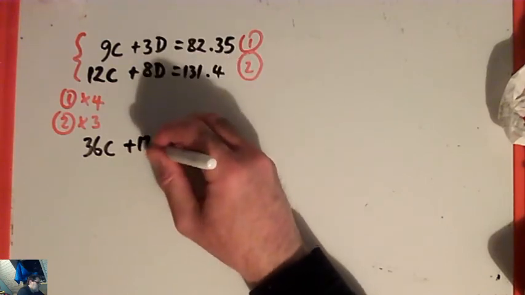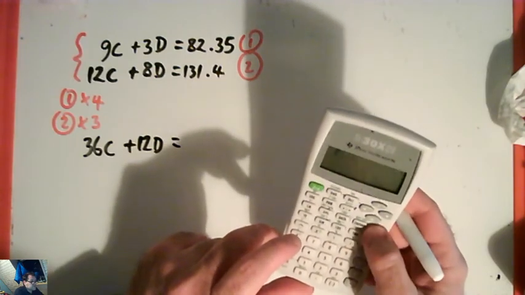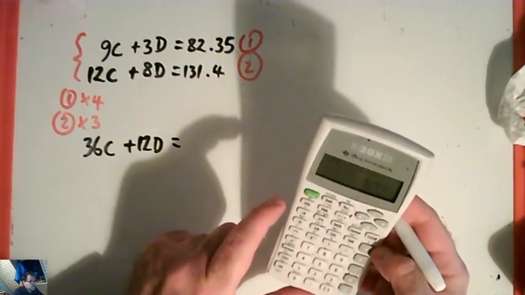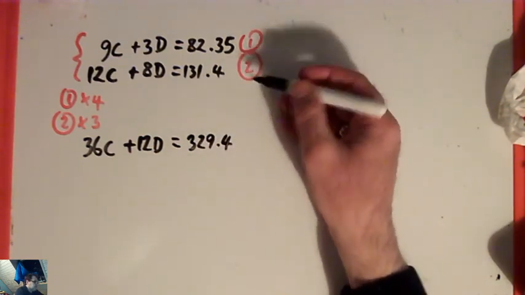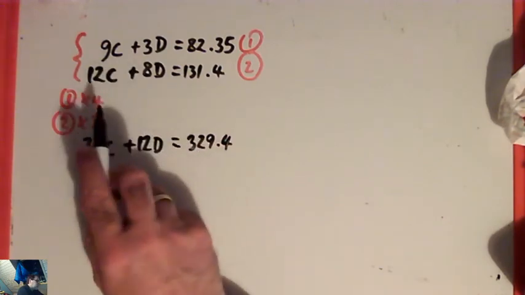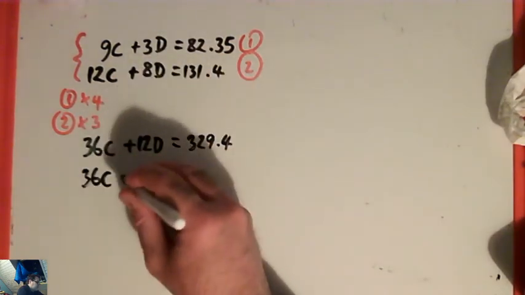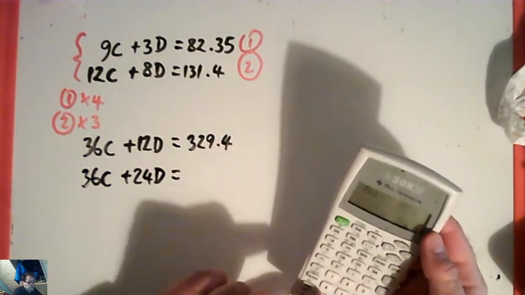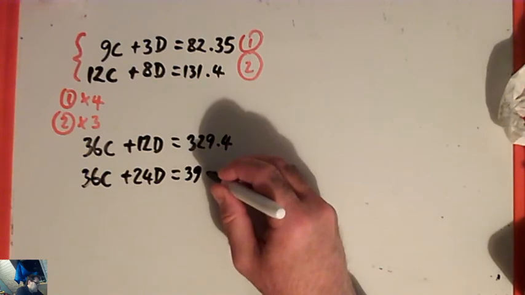plus 12d equals, get the calculator on this, $329.4, and then everything in equation 2 multiplied by 3 gives me, instead of 12c plus 8d equals 131.4, it's going to give me 36c plus 24d equals, well, 131.4 times 3 is 394.2.